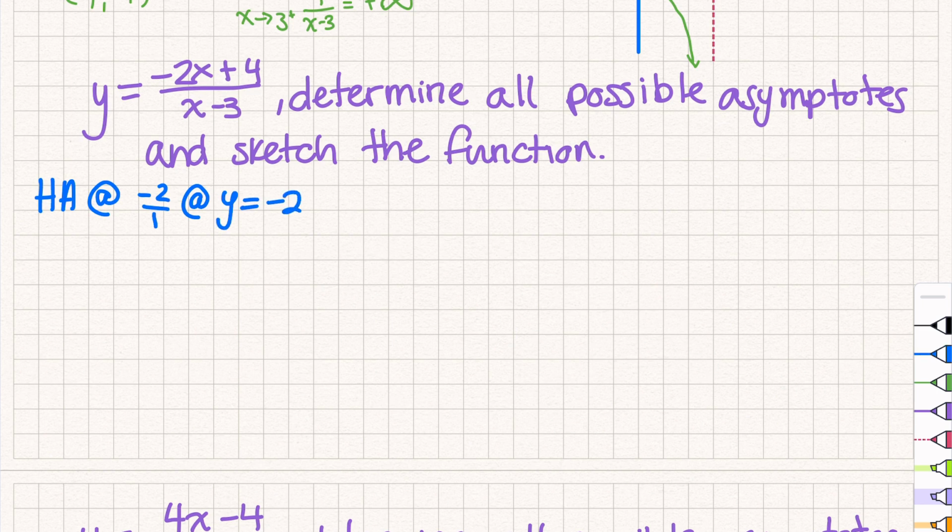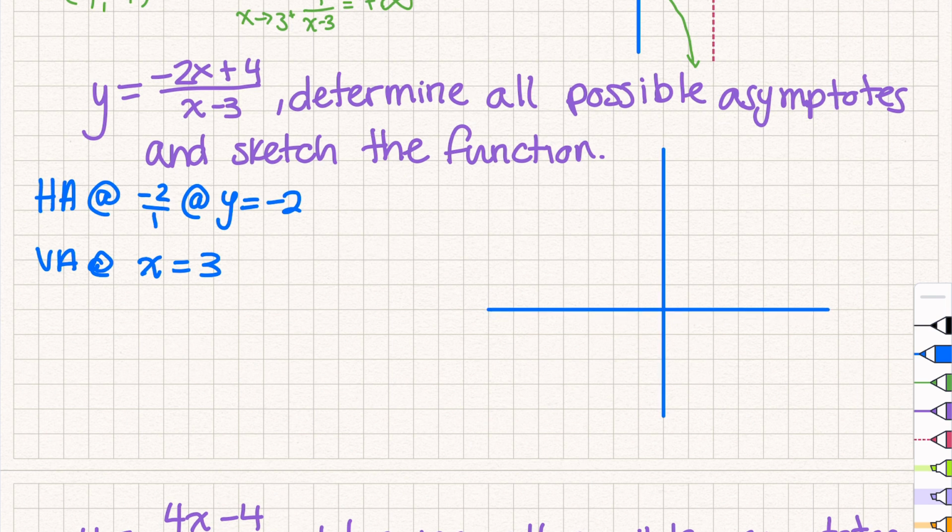For our vertical asymptote, the value 3 would make it 0. So when we're sketching, we know we're going to have our horizontal asymptote at -2 this time.